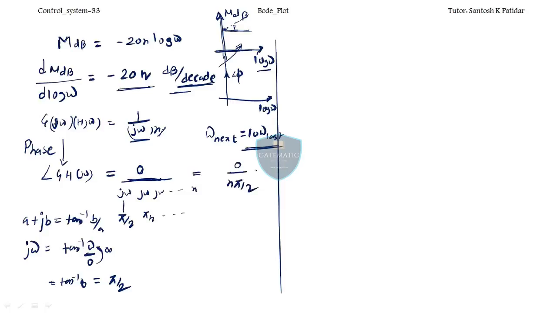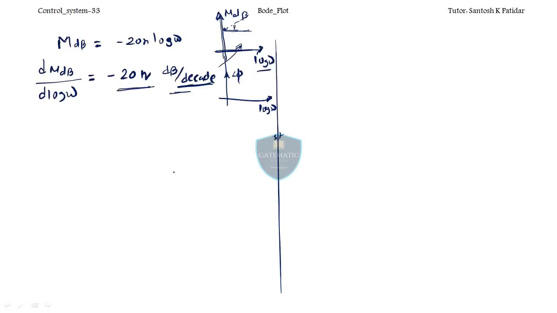Now this is clear to you people. These two terms are in division, so we can subtract: 0 minus n pi by 2. So your phase you are getting over here is minus n pi by 2, isn't it? So this is your phase. Let me clear some part over here, then we'll discuss this. So the phase phi, or the angle of G(j omega) H(j omega), is nothing but minus n pi by 2.